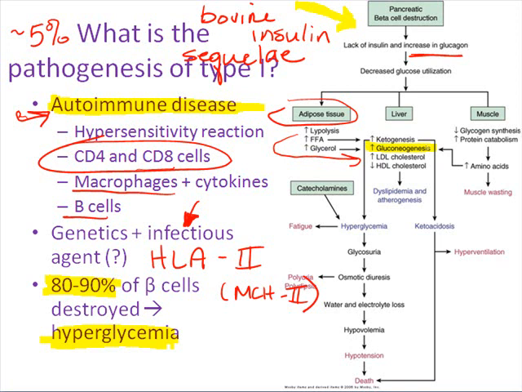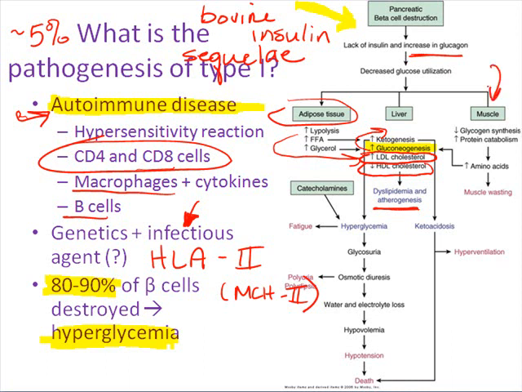As a side effect, this causes an elevation in the bad type of cholesterol, an elevation in LDL cholesterol levels, and a decrease in the good kind of cholesterol, the HDL levels. And this leads to the development of things like atherosclerosis, the development of plaques in arteries because of the elevated cholesterol levels. We'll talk more about that later. Also, because we're making more glucose through gluconeogenesis, we're making the hyperglycemia of the blood even worse.